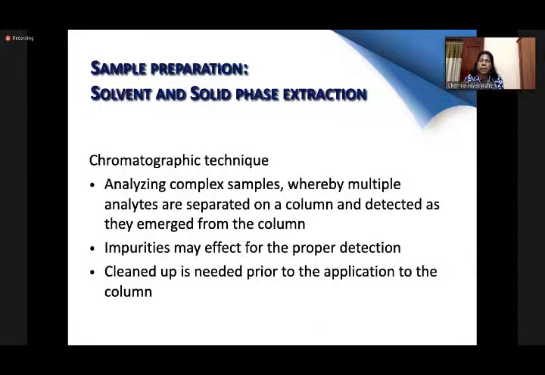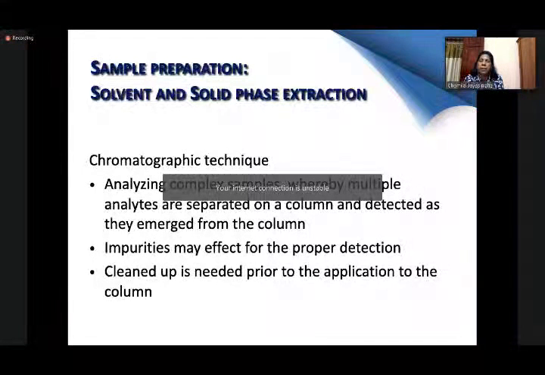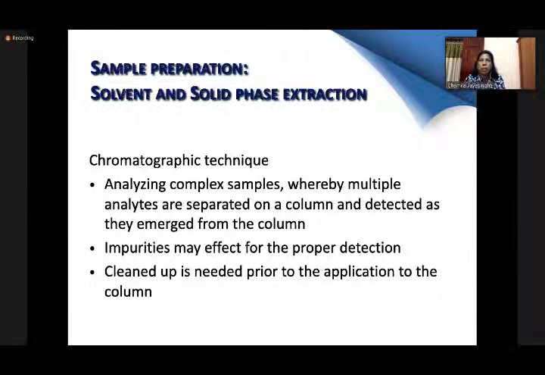Therefore, we have to remove the chlorophyll first, take only the carotenoids, and after that, if we run the chromatography, then we can analyze what is the amount of beta carotene there, what is the amount of lutein, what is the amount of beta xanthine, and so on, right?